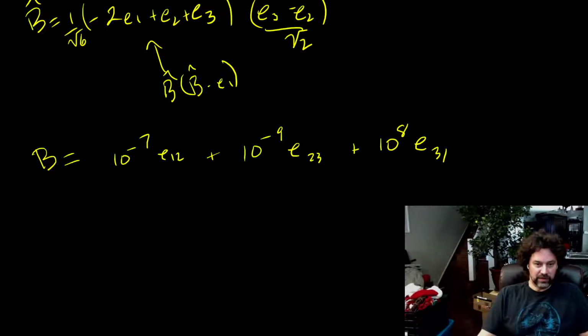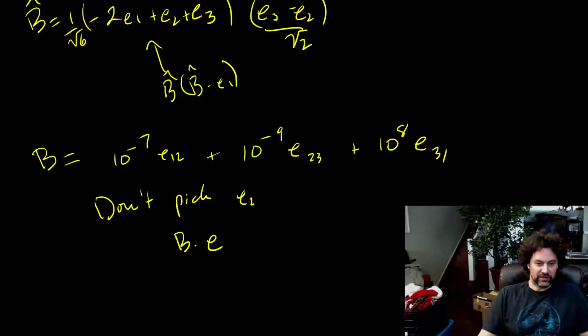We especially wouldn't want to pick E2. So here, don't pick E2 as the vector to project. If you're computing, pick some vector and take b dot that vector.